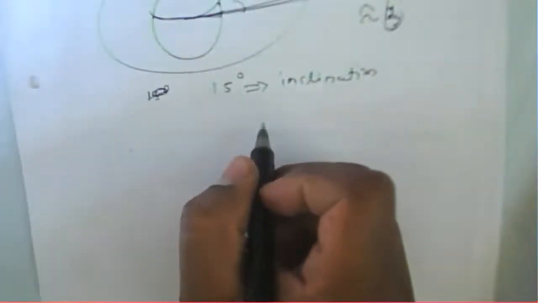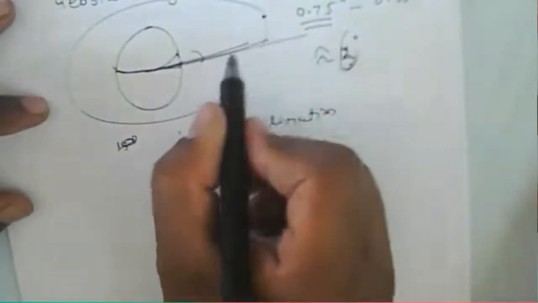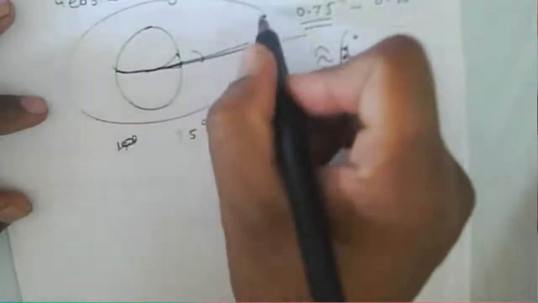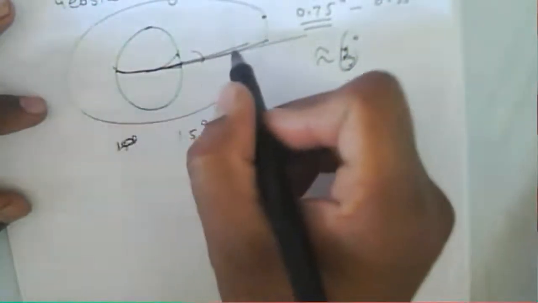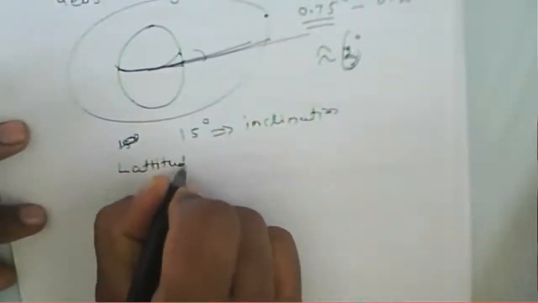In that case, the north-south station keeping changes. Whatever the satellite's Earth station keeping point is, it changes, and because of that there will be changes in the latitude of the satellite.